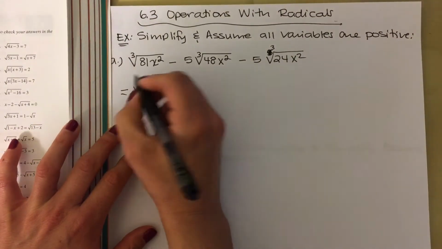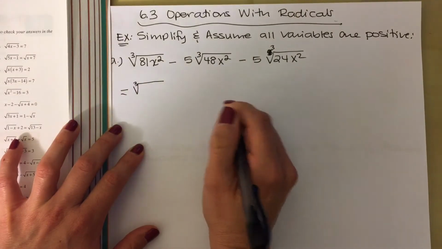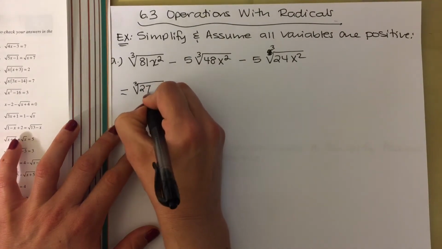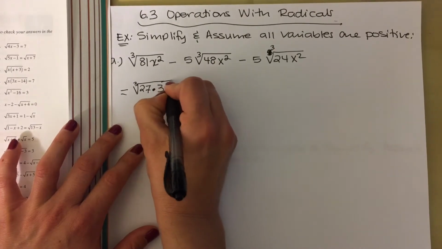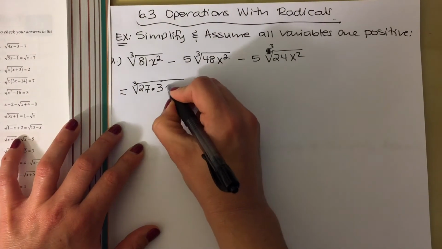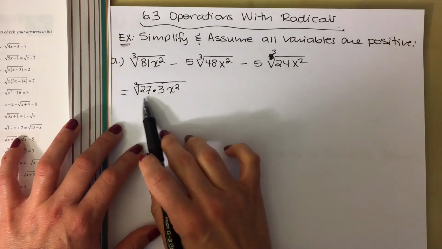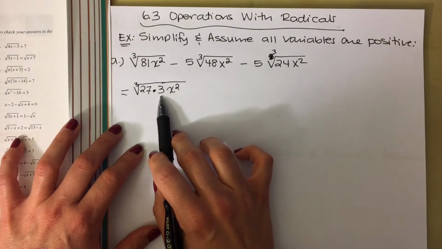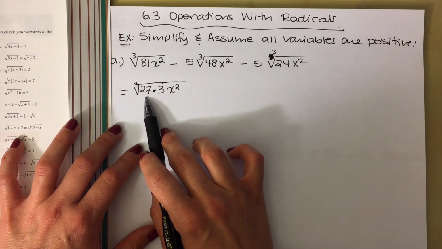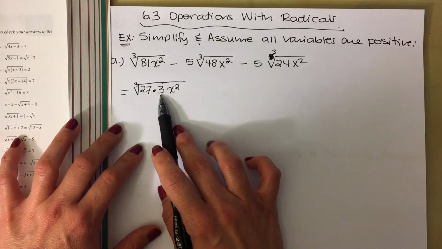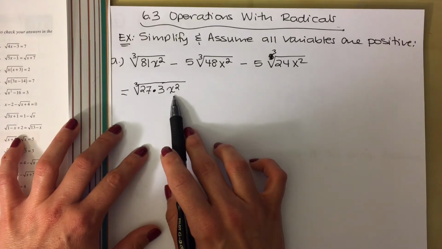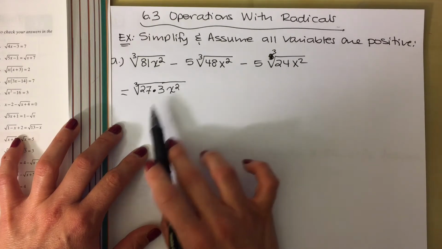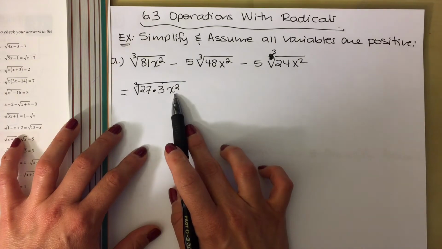This can be rewritten as cube root, and we can write 81 as 27 times 3, and then x squared. 27 times 3 is 81. 27 is a perfect cube, so I take the cube root of 27, but we're going to leave 3 on the inside of the radical because we can't take the cube root of 3. We also need to leave x squared because this exponent 2 is less than 3, so we leave x squared inside.